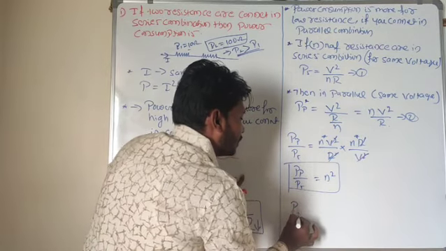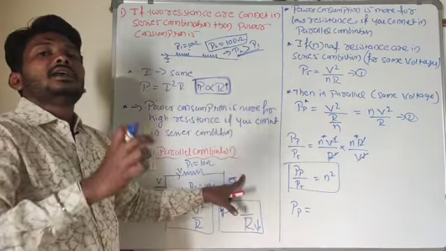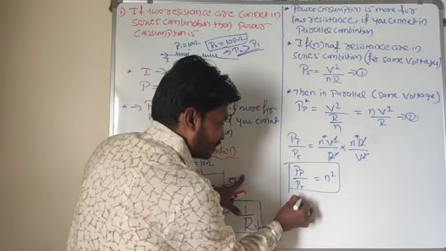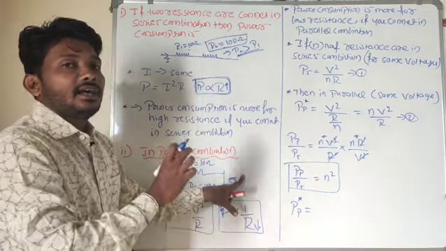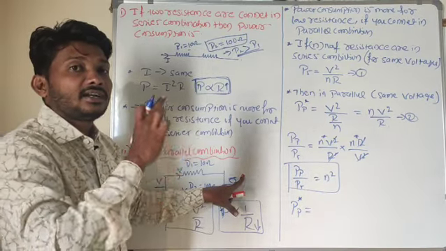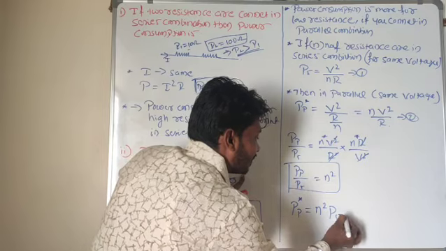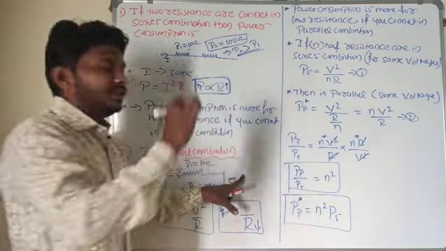Power consumption in case n number of identical resistances are connected in parallel is equal to n square times the power consumption in series combination.